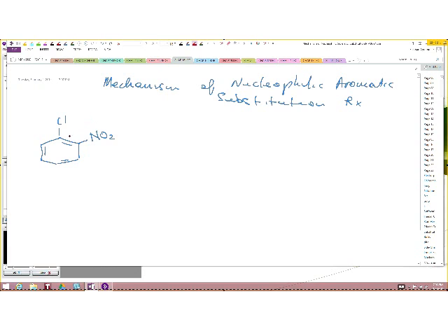This pi electron here, you could actually write a resonance for this. Let me change the color of my pen. You could move this pi electron as a result of the fact that this nitro is pulling electron towards itself.